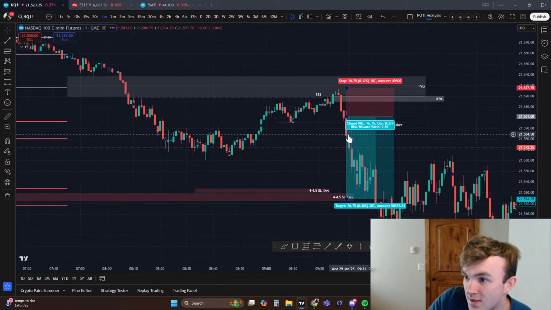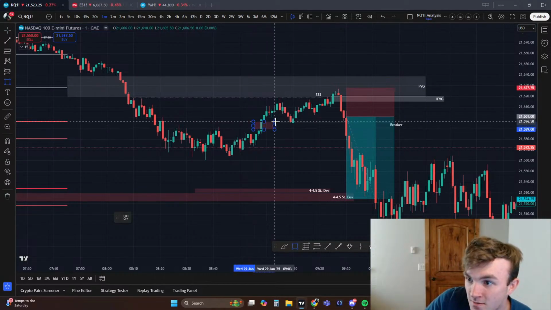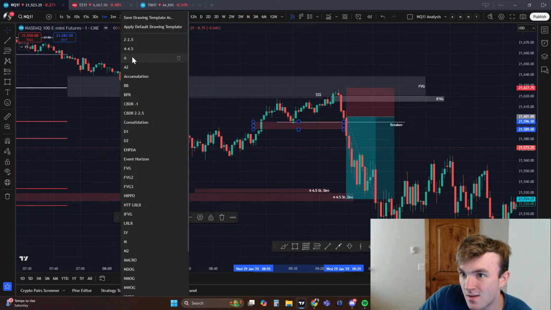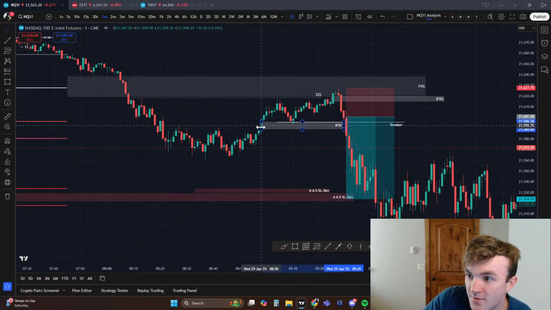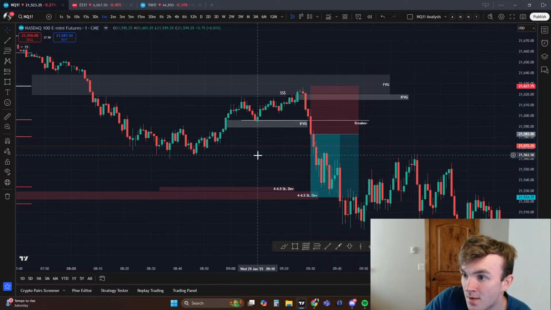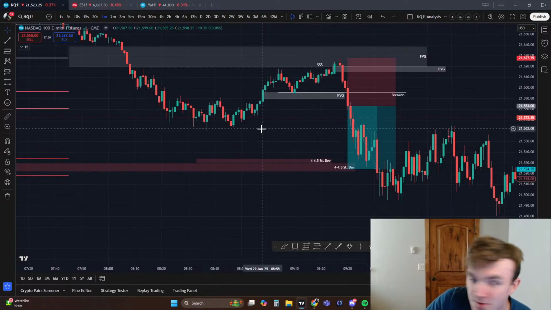Same thing here. Like maybe you enter on this 1 minute inversion. Now it's scary because we have a higher time frame gap, right? But maybe you're okay with entering there, right? So this is just personal preference kind of thing.